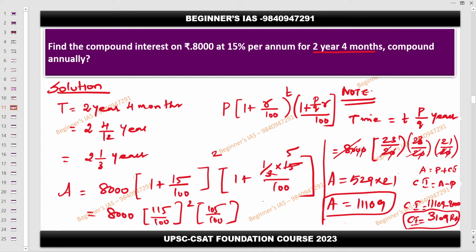So have you seen the last 3 to 4 years question paper? Is there any question related to simple interest or compound interest with respect to UPSC? Have you ever seen the recent 5-year question paper? Any one of you seen? No, right? Why are you people struggling? Haven't seen 5 years question paper?